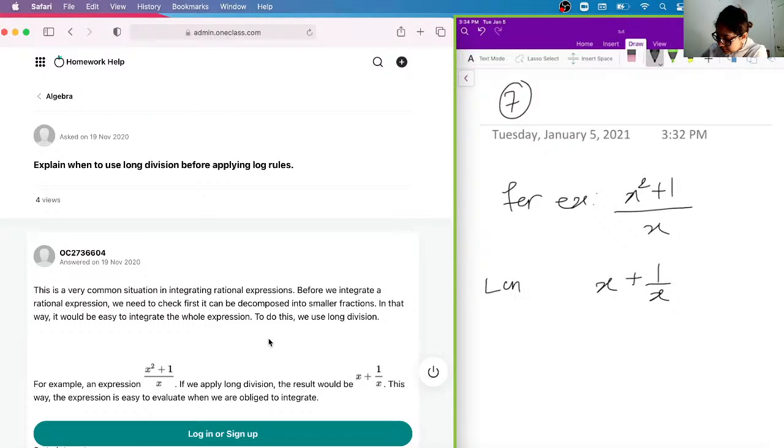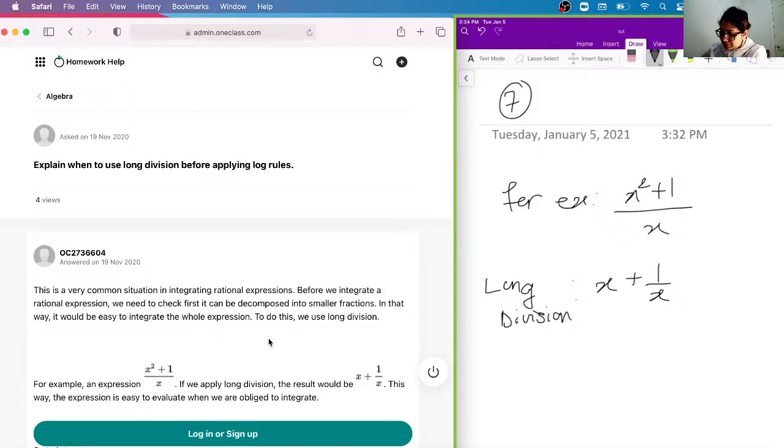This is what you would have, x plus 1 over x, and this way the expression is easy to evaluate when we need to integrate.